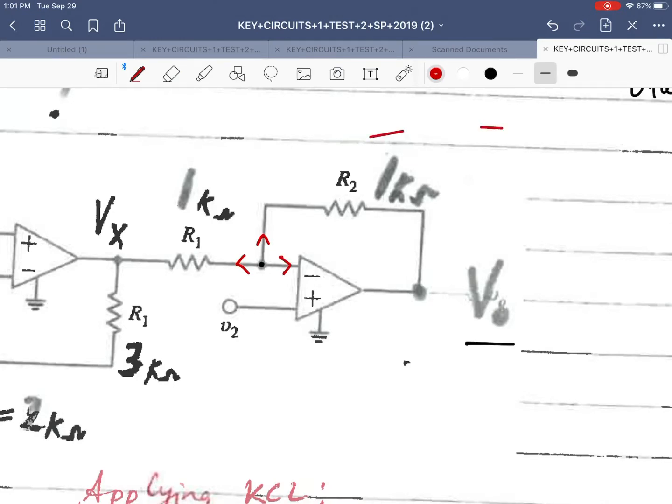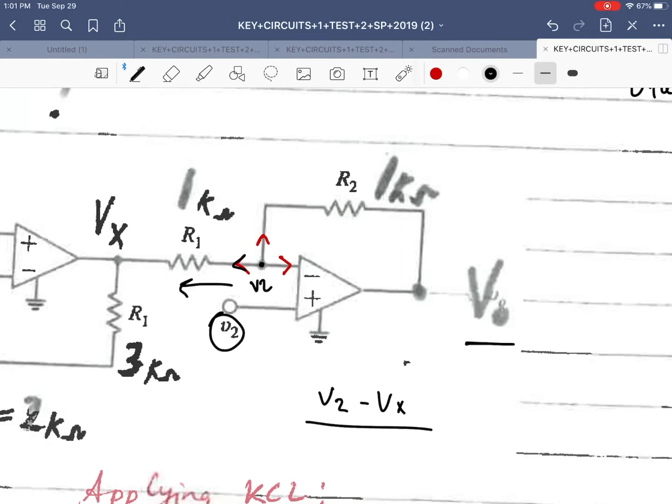Alright, so looking at this left branch there, remember it's going to be higher minus lower, and if this is V2, remember that this is also V2 just by one of the laws. So V2 minus Vx, higher minus lower, it's flowing out, so it's going to be lower.